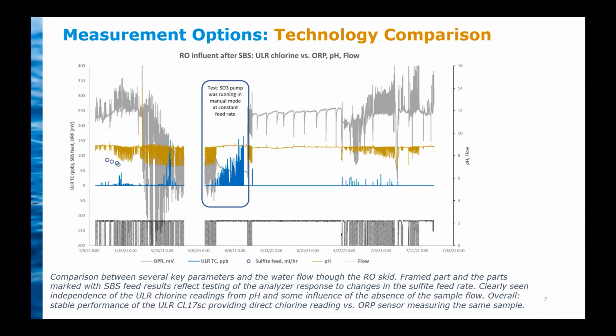While the ORP sensor was failing, the colorimetric sensor showed that the chlorine level was actually increasing. And in the graph, you can see the drift of the ORP sensor many times when the flow is intermittent. This shows the independence of pH and sample flow of the colorimetric sensor, giving stable results.